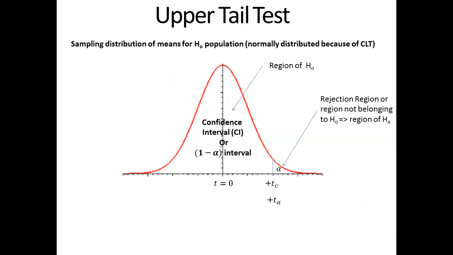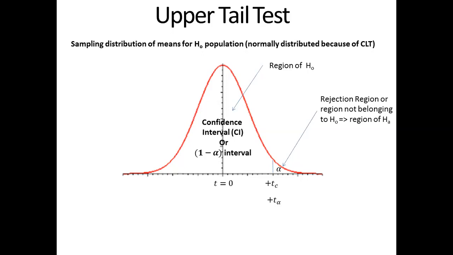Over here, we have basically a sampling distribution of means for the H naught population. Again, remember this, because this is a very important concept. When we talk about the population, we actually don't know about it. That's why we do statistical inference. That's why we take the samples and analyze those samples and try to generalize the results onto the population.